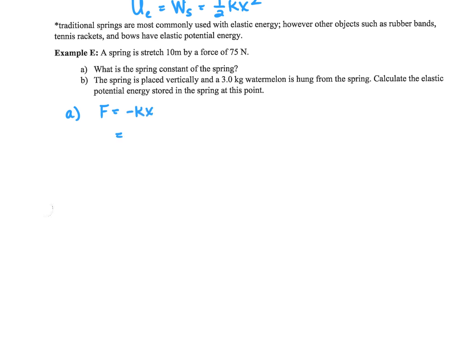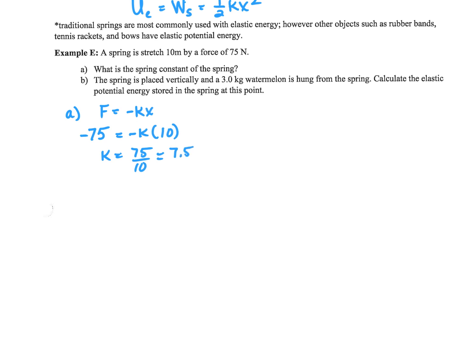But the force is in the opposite direction of the motion, so it's minus k times the stretch of 10 meters. So what we get is a k that is 75 divided by 10, which is what? 7.5. Force is newtons divided by distance, which is meters. So there's that newtons per meter that we have.